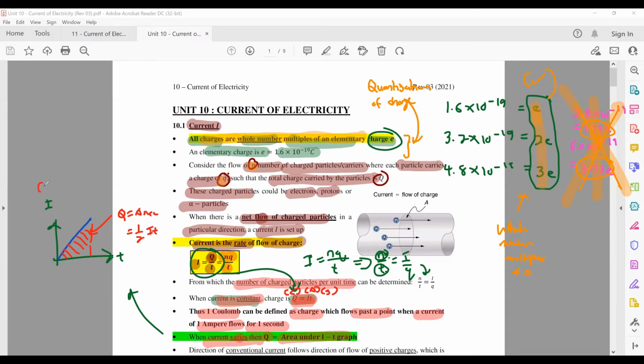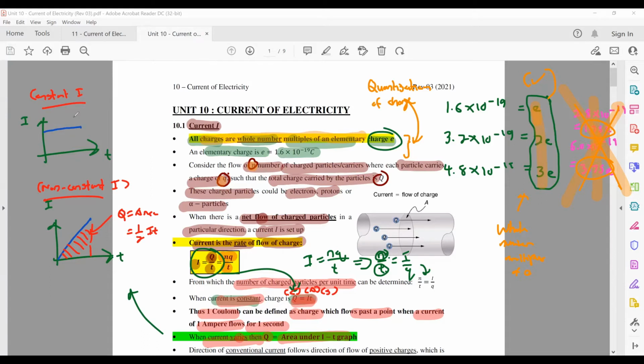This one is non-constant current. If you have constant current, you get something like this, I versus t. Constant current would mean something like this.